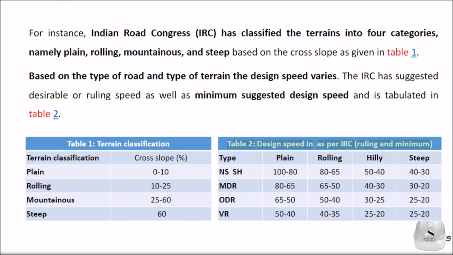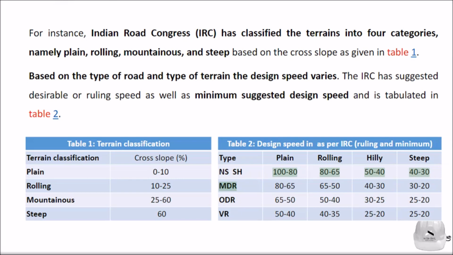Table 2, Design speed as per IRC, ruling and minimum. Type: plain, rolling, hilly, steep. NSSH: 100-80, 80-65, 50-40, 40, 30.